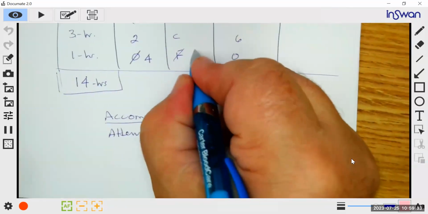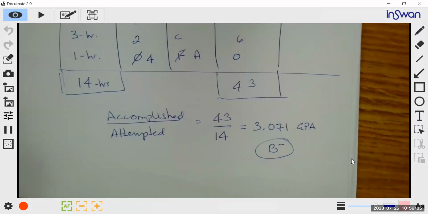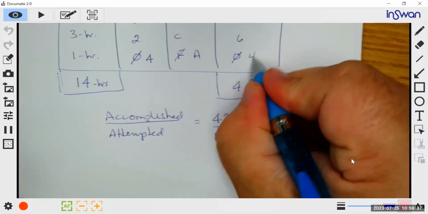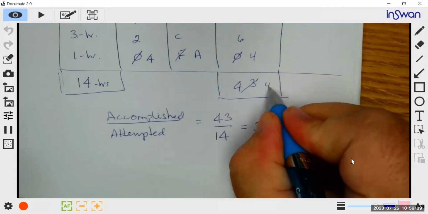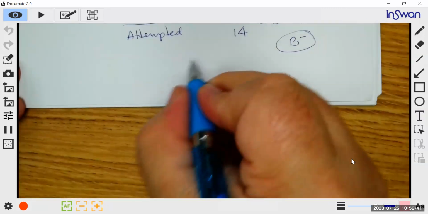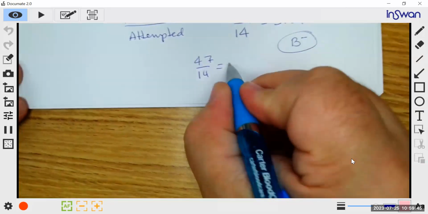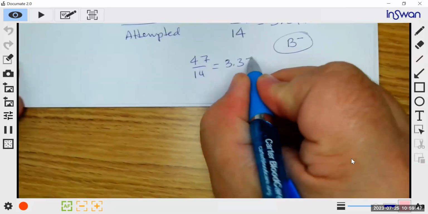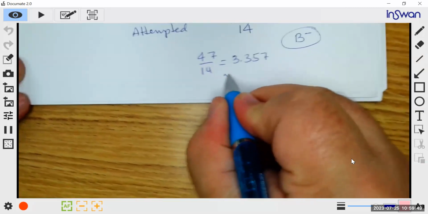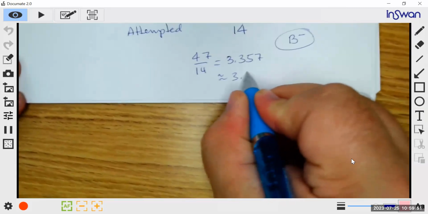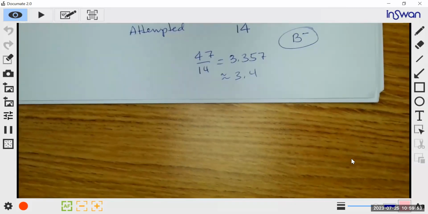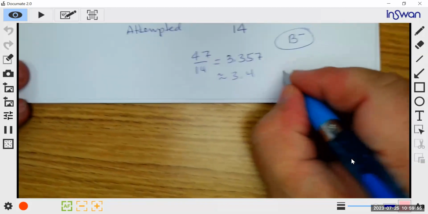Instead of an F, she got an A. So it changes to 47 over 14, which is approximately 3.4, a solid B.